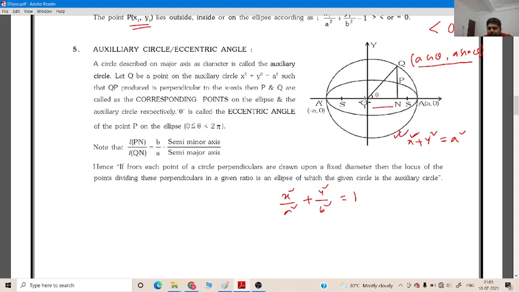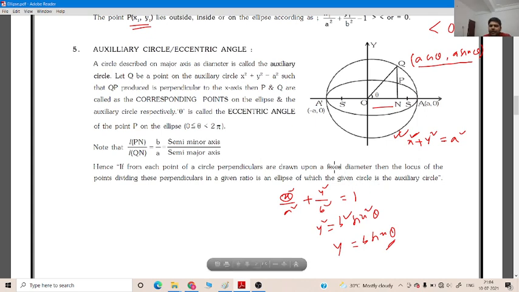Here the x coordinate is a cos theta, which is the same for the ellipse also, because it is the particular point P. Then putting the x coordinate x equal to a cos theta in this expression, in place of x if I put a cos theta, then you have y squared equal to b squared sin square theta. That means y equal to b sin theta.